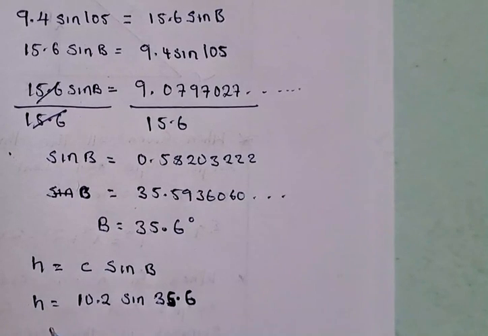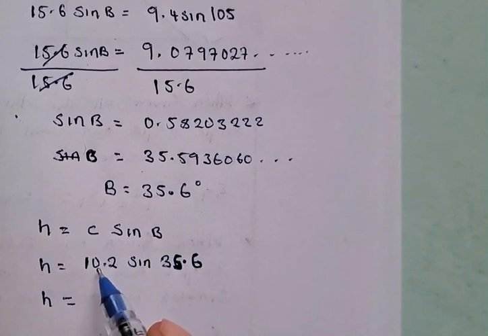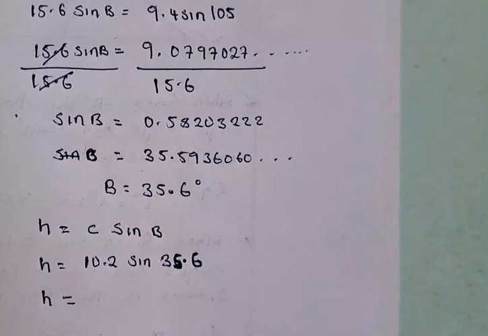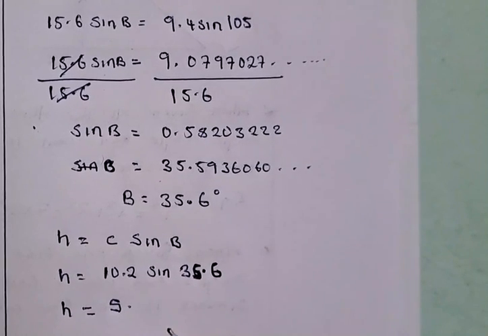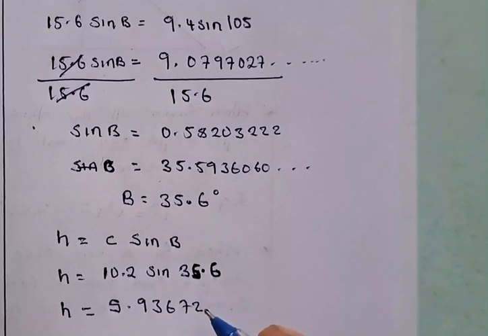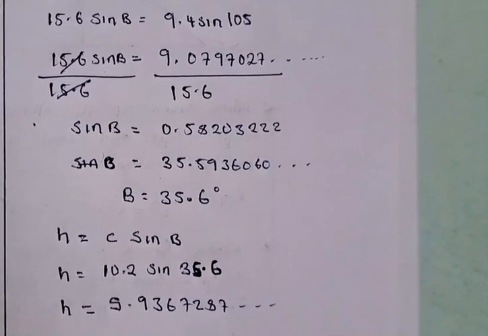All right, so h is equal to, when we say 10.2 times sine 35.6, my calculator is showing that it is 5.9367287, and the numbers go on and on.